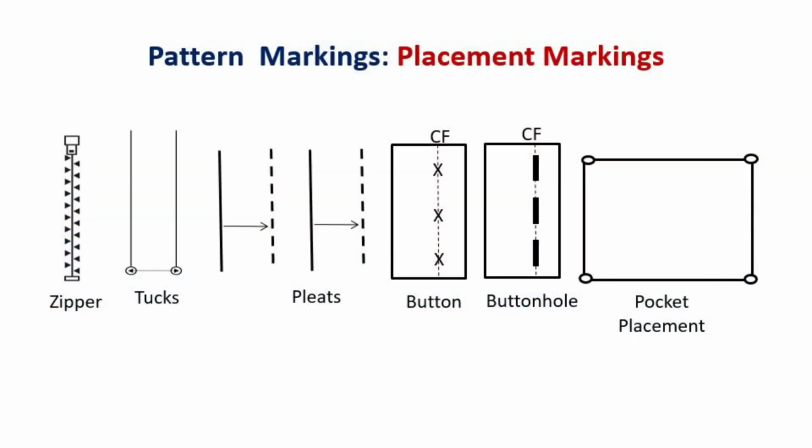Pleat symbol is marked by two vertical lines with an arrow between them indicating the width and the direction of the pleat fold. Button placements are represented by X marks, whereas the corresponding buttonholes are indicated by a horizontal or vertical slim rectangles or I-shaped marks.